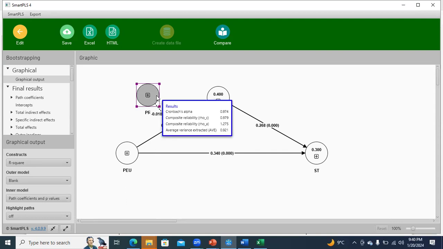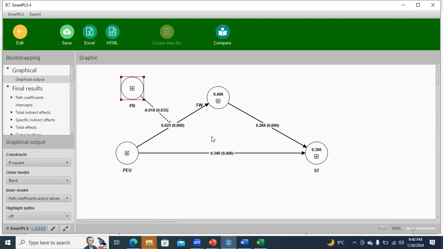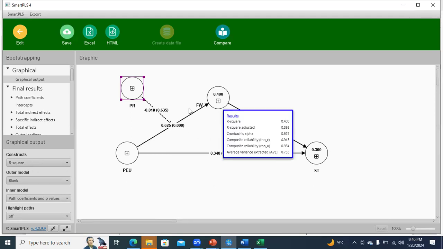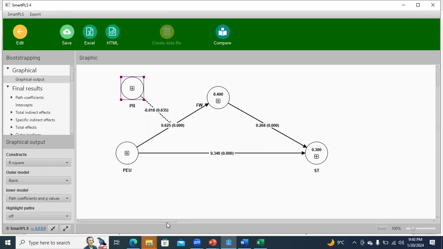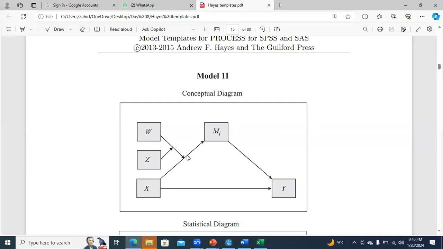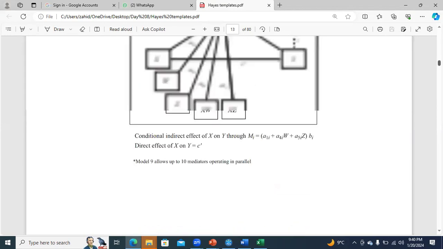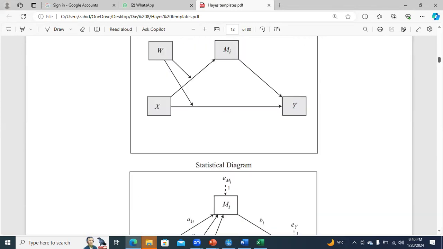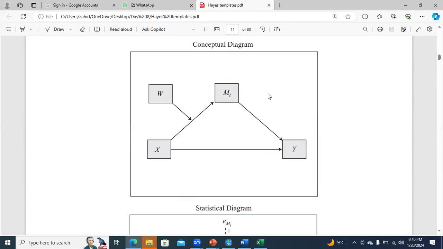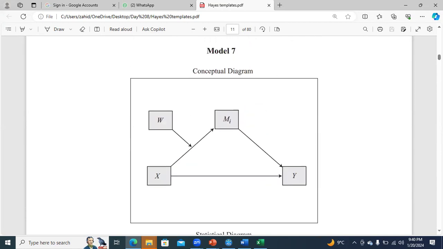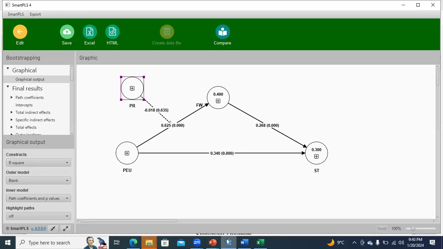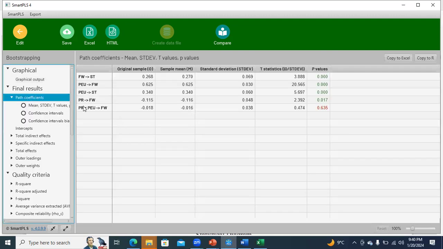So this is basically the moderating impact. This is mediated moderation, as we have seen in the previous example. This is basically what we have done as model 7. So we simply need to draw a model and we can run it. And we can see, first of all, the path coefficient. Here you can see the moderation impact is not significant.